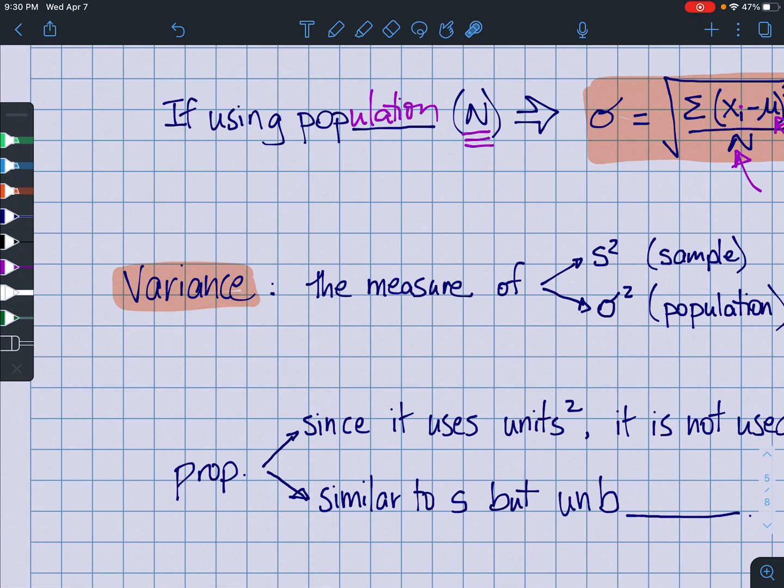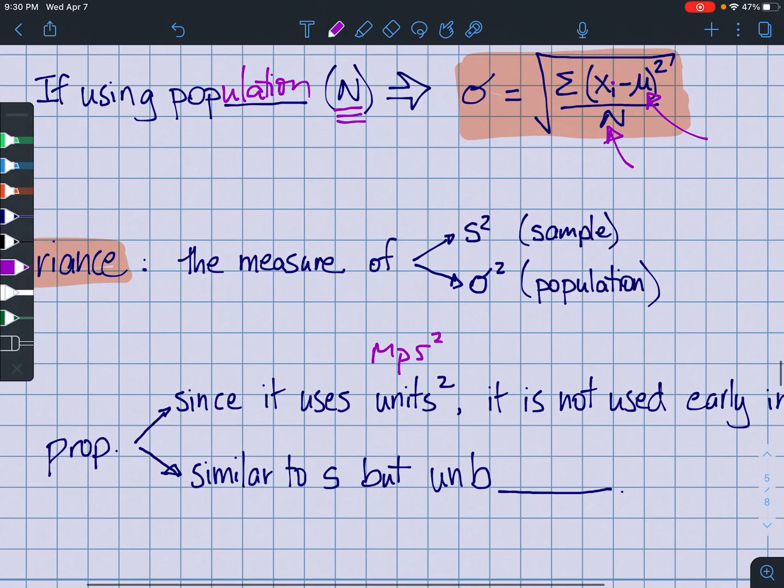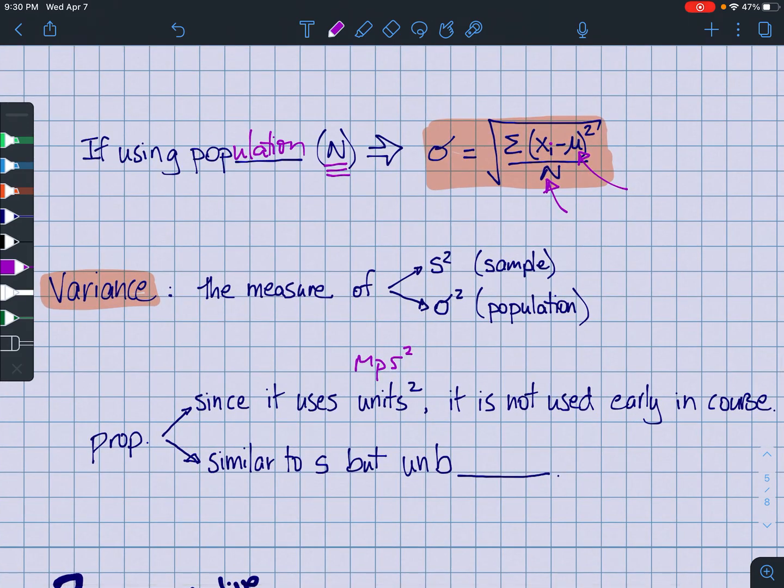And because, for example, in the last problem, we would have megabytes per second squared. And that unit is tricky to work with, right? So early on in our course here, we don't use the variance much. But the good news is this is unbiased, okay?